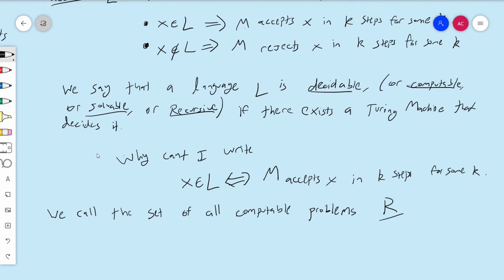The set of all languages that have Turing machines that compute them is denoted R. This is our first complexity class, or computability class. This is our first class of problems.